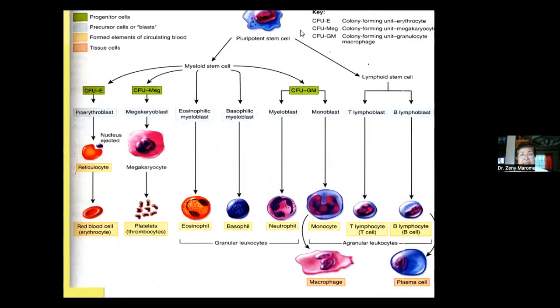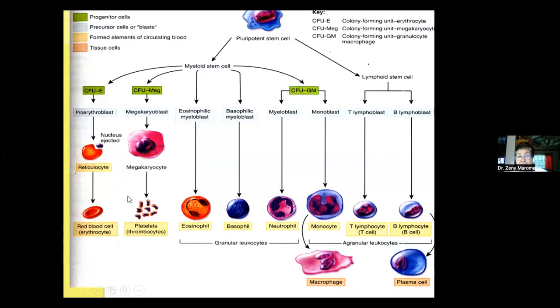While the lymphoid stem cell will give rise to T and B lymphoblasts na magiging T cell or T lymphocyte and B lymphocytes, which are responsible also for autoimmune reaction. Okay, so meaning all the blood cells originate in the pluripotent stem cell.